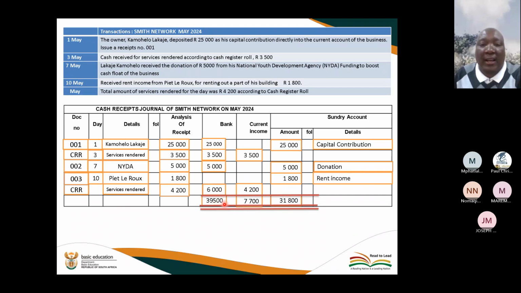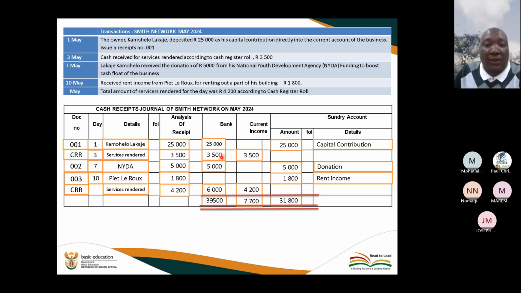When it says close off account, it means that you must add all this amount on this column, except analysis of receipt. Grade 8, you don't add analysis of receipts. You only add bank account, current income, and the sundry account on the amount side. That is where you add those amounts.